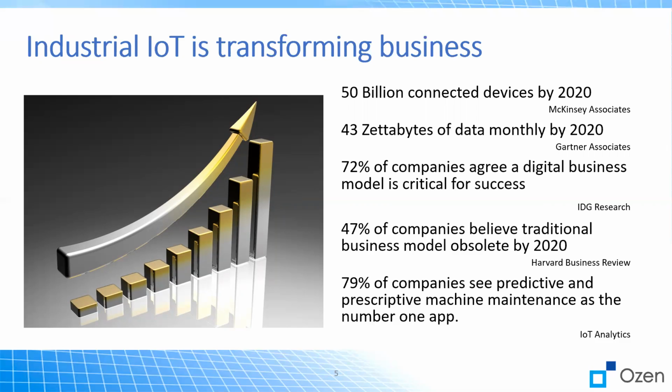On top of that, almost 47% of companies believe traditional business models are not going to work in the future and they should evolve by 2020, which is this year. And 79% of companies see predictive and prescriptive machine maintenance as the number one priority. I think on top of that, we can say that COVID has expedited the process because digital twin, IoT, remote work, and all those things have added up to that and made it more interesting.